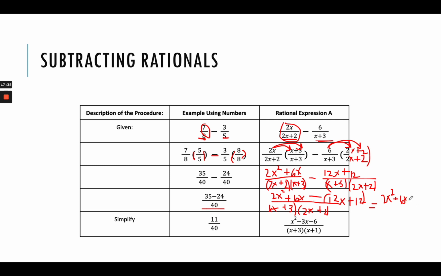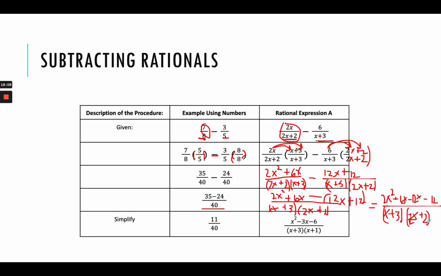Negative times a positive 12x is going to be minus 12x. Negative times a positive is minus 12. All over the denominator of x plus 3 times 2x plus 2.